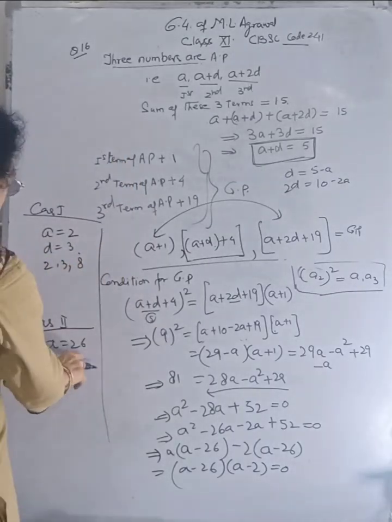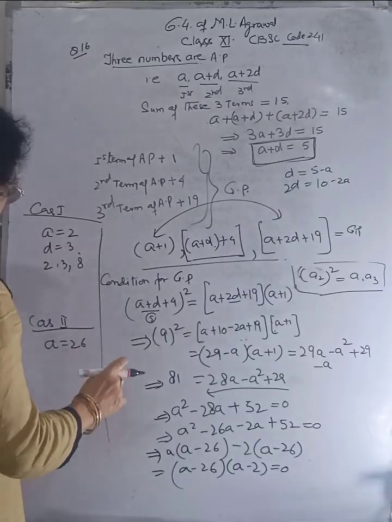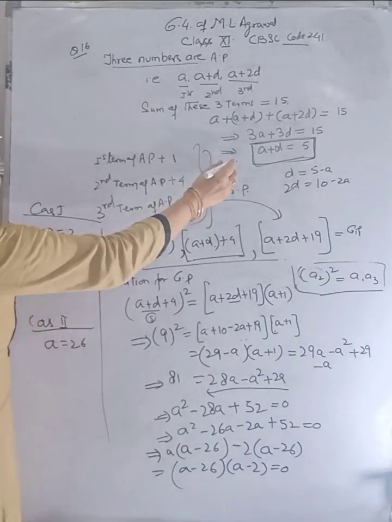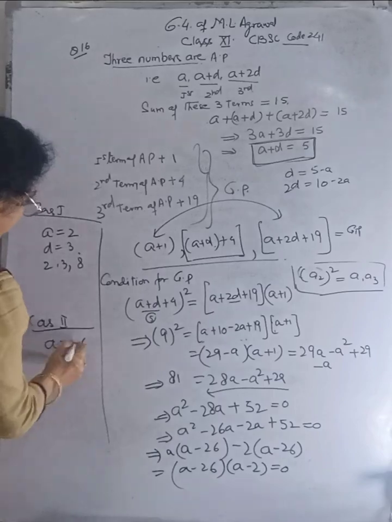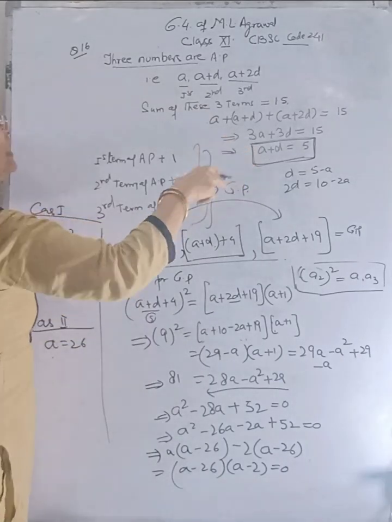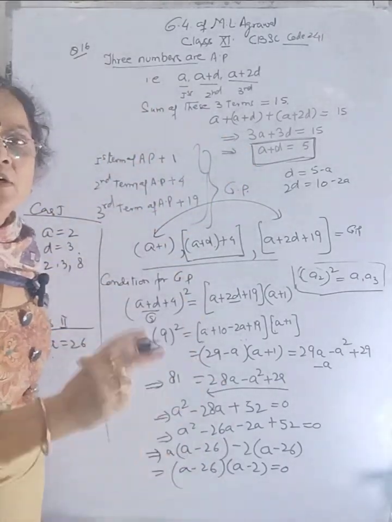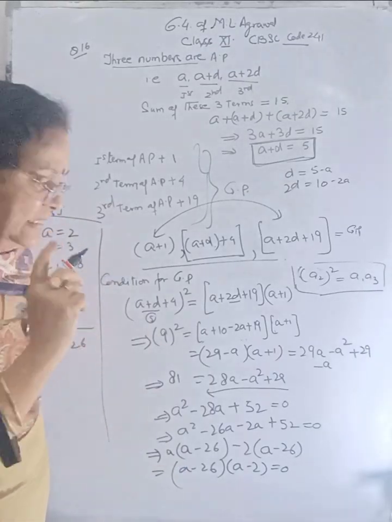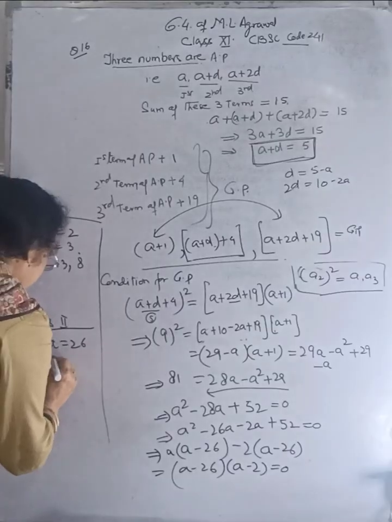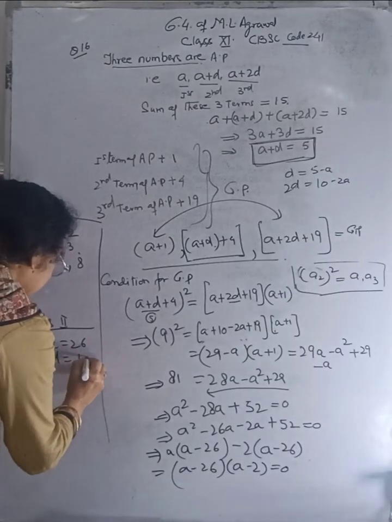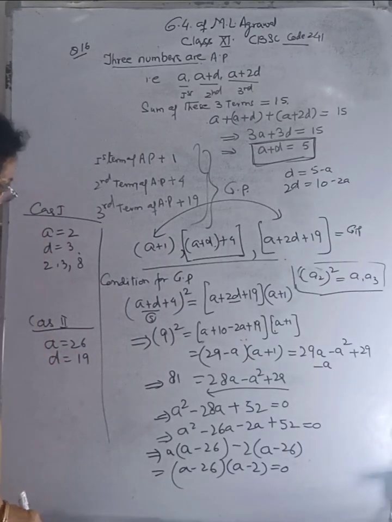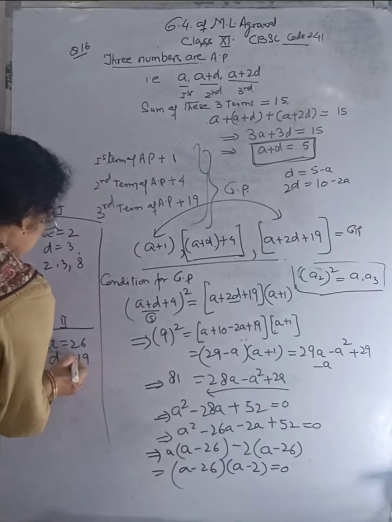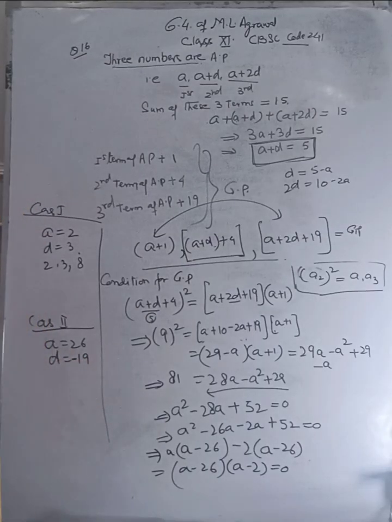When a is equal to 26, d will be equal to 5 minus 26, it means minus 90. D will be minus 90.